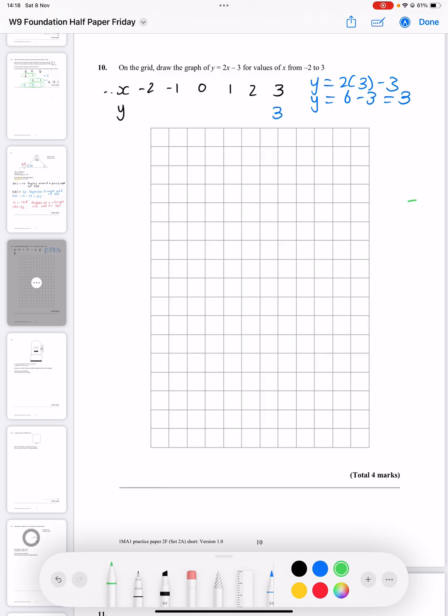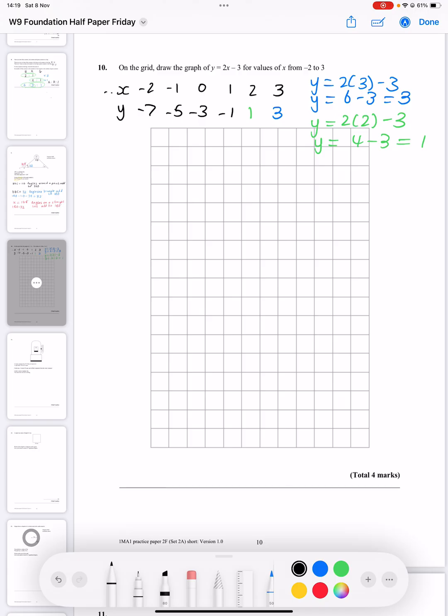We can find the next value by doing y equals 2 lots of 2 minus 3, which gives me y equals 4 minus 3, which is 1. And because it's a straight line, I can keep subtracting 2 to get my following values. So there's my table of values completed.